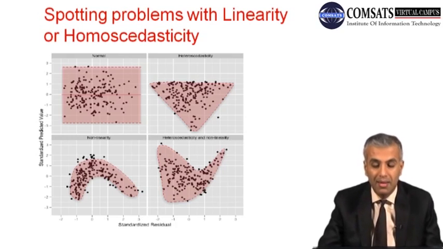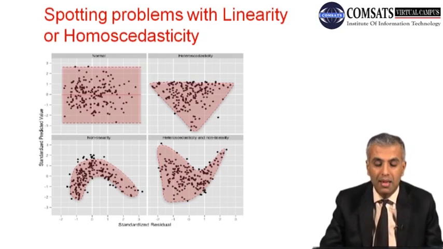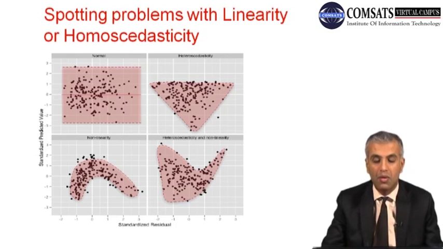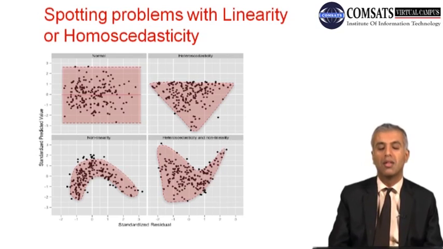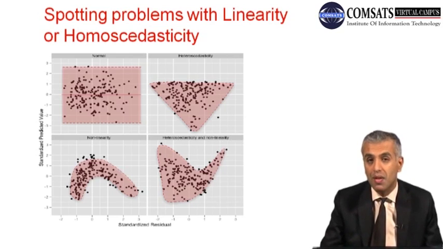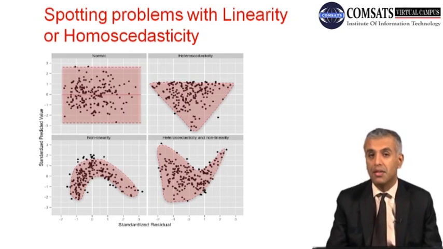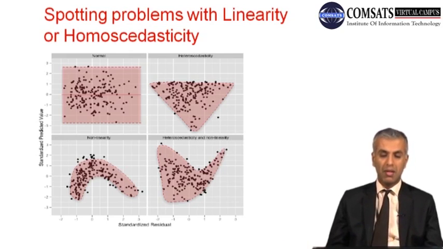If there is, then the data is not only not linear but also lacks homoscedasticity. So this kind of tool is very effective in giving us results regarding two major assumptions. We will do this in detail in the next slides.